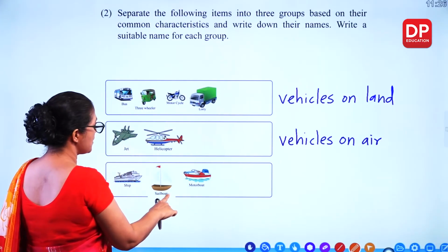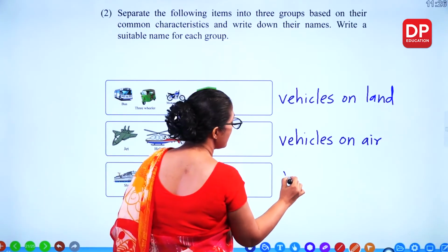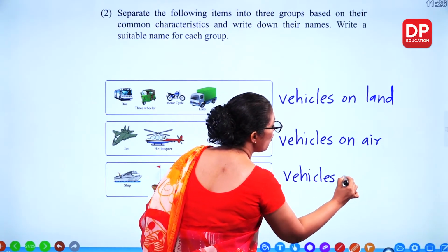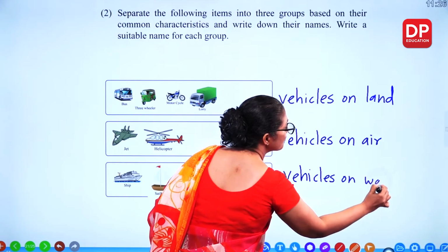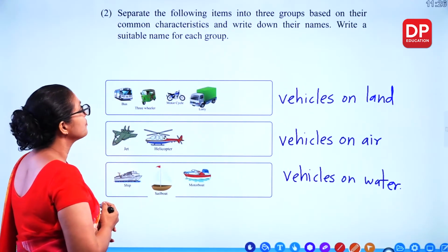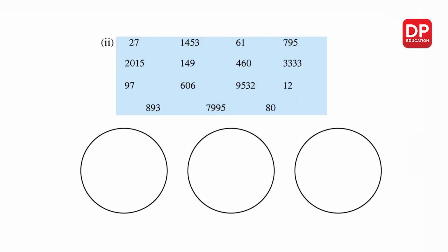And ship, sailboat, motorboat, vehicles on water. So we have to divide this into three groups.